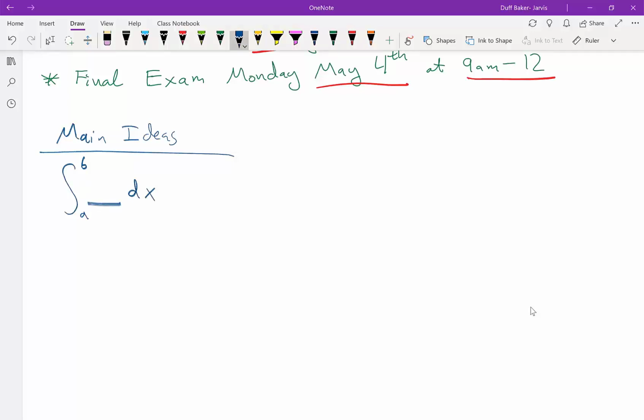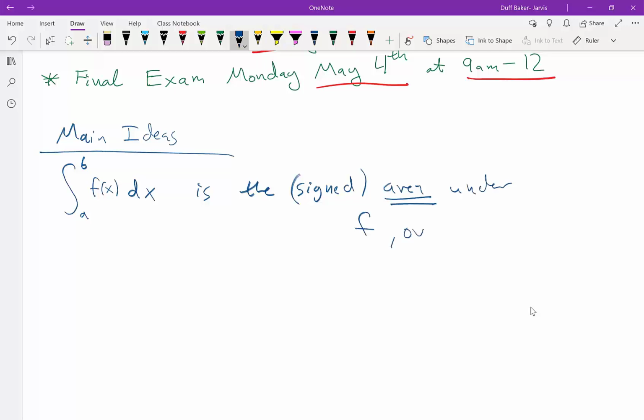You can put different functions in here, and if you put some generic function f of x, then what this really calculates is the signed area. A lot of times we omit the word signed, but that's what we really mean. So this is an area under the function f over the interval a to b.